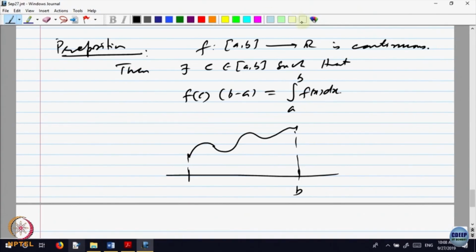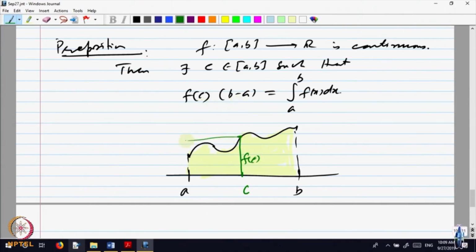What is the left hand side? It says there is a point C in between. So there is a point somewhere here, C. If you look at this height, that height is f of C. So this is a rectangle.